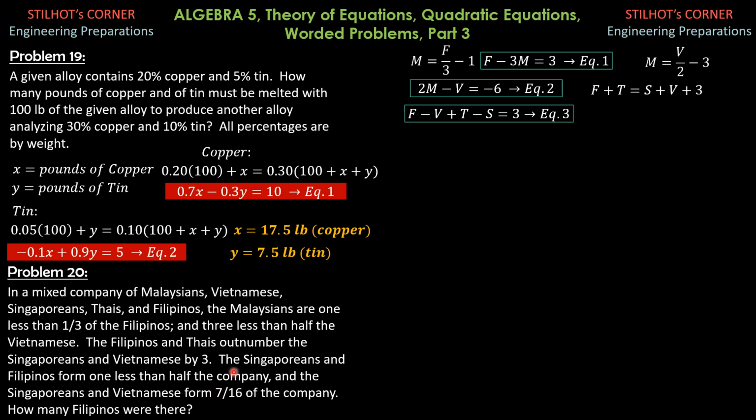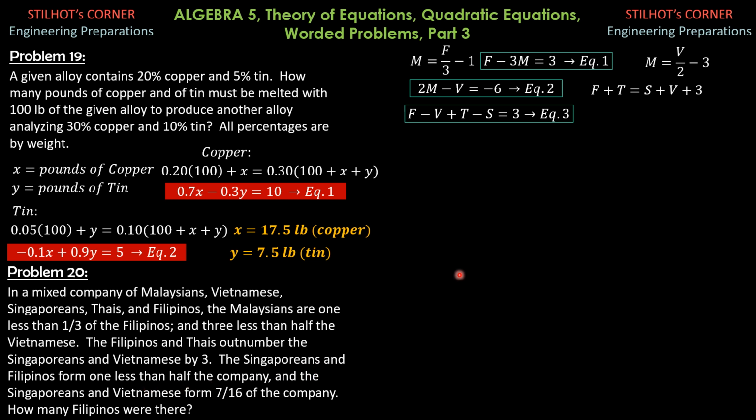So S plus F is 1/2 of the total number of the five nationalities mentioned, minus 1.